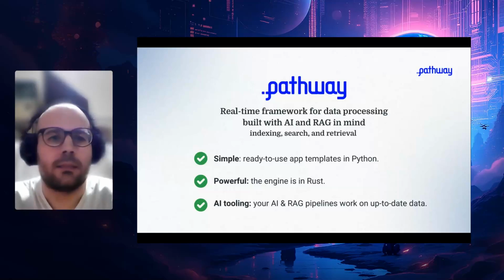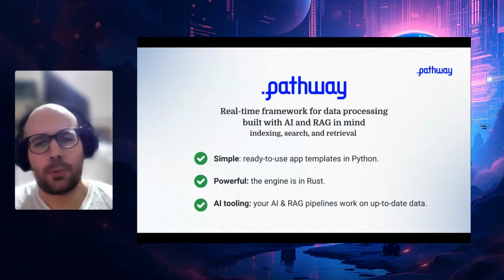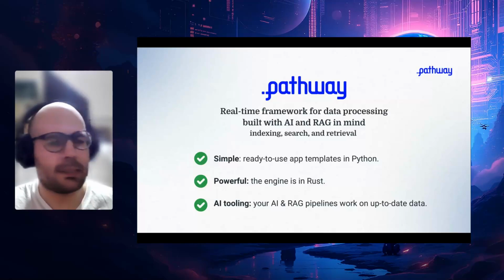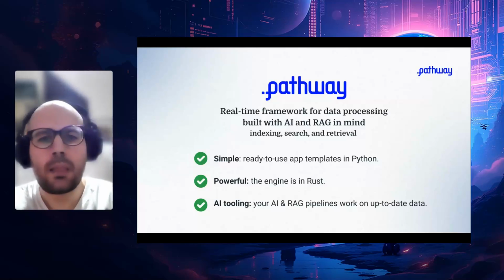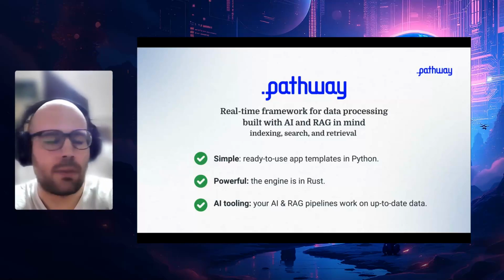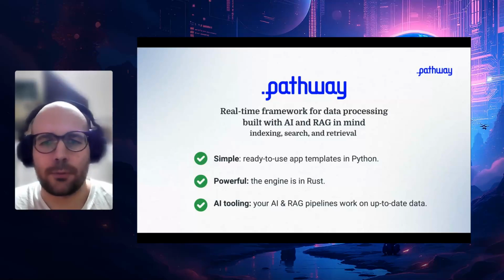As for what we do, at the core we have a data processing framework, processing in real time, and it's written in Rust, which allows it to be very fast and very powerful. But the whole library is available in Python, as that's a much better choice for data processing and data analysis.